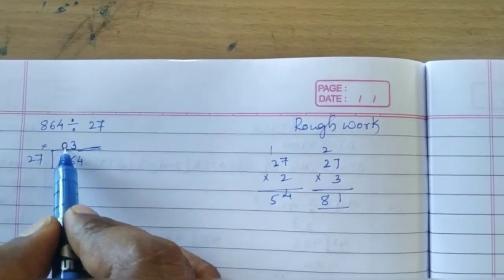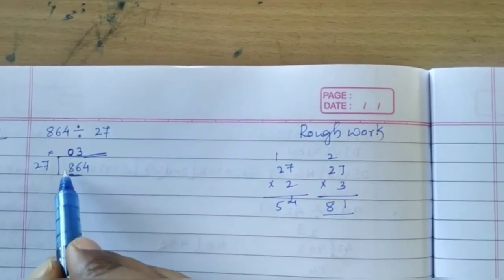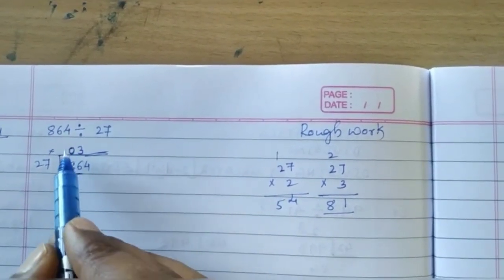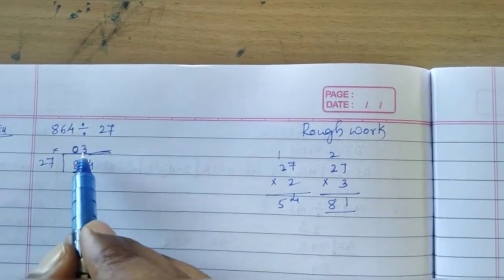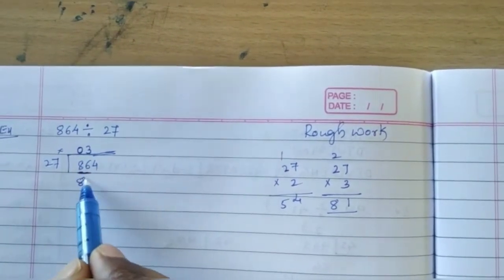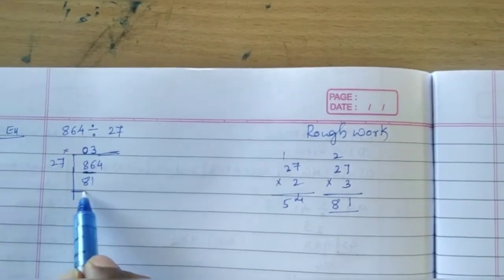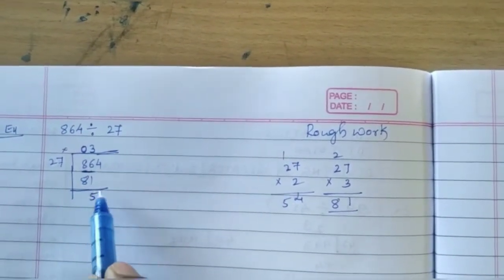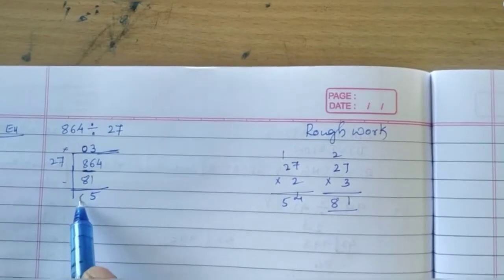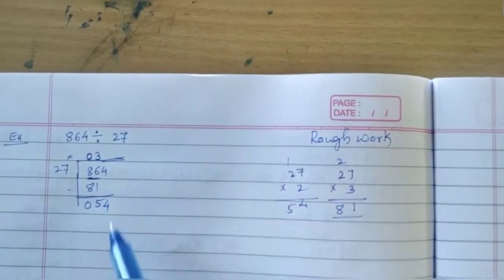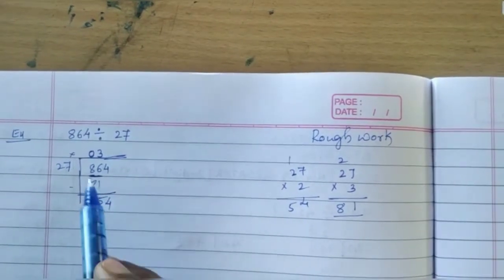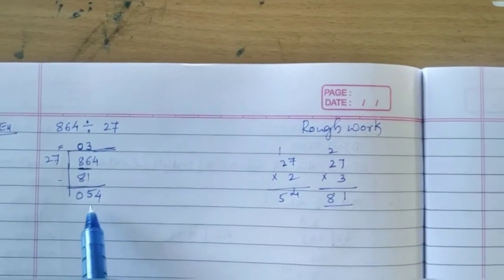First you can write 1 0, because 8 we can't divide, so that's why I wrote 0, and then I consider 86. So 27 threes are 81, right? 6 minus 1 is 5, 8 minus 8 is 0. And now I will bring down this term 4. Now we have 54.